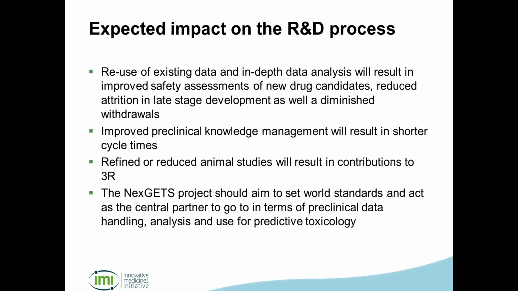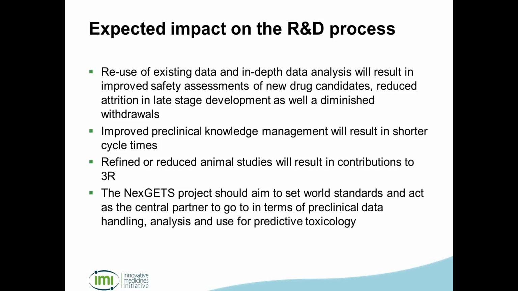Okay, what do we expect as an impact? We want to reuse those data and analyze them in depth. In eTOX, we have barely scratched the surface. There's still a lot to do. And if we manage to do this in-depth analysis, what we hope to do is to have a better comprehension of the overall toxicology issues and safety data.